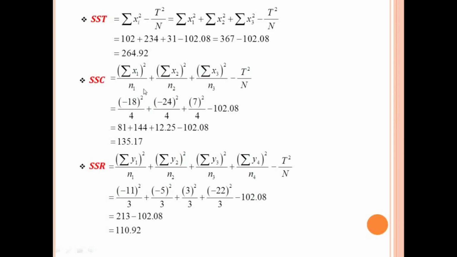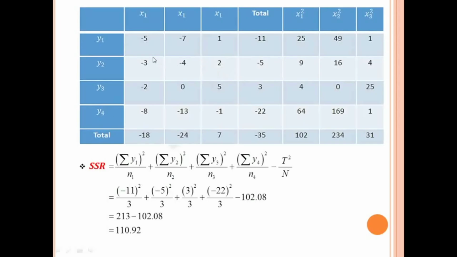These sample sizes were column wise; these sample sizes are row wise. From the given data, sum of y1 square value is minus 11, by n1. n1 is nothing but the total sample size in row wise. In the first row, how many samples are there? 3. Second row also 3. Third row also 3.